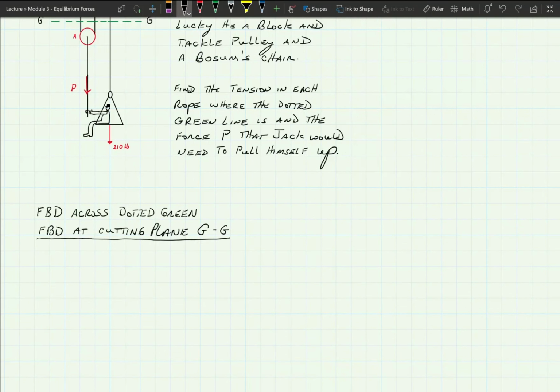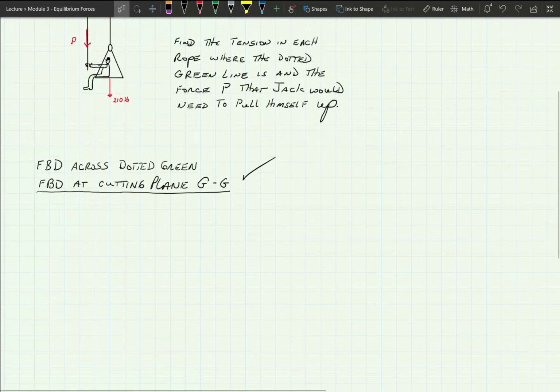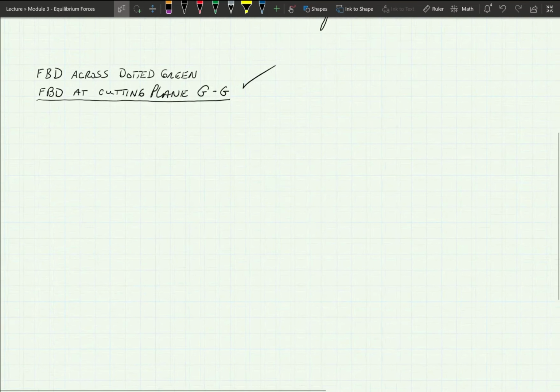So that's what that green plane becomes, G dash G. It could be any letter. You could use AA, BB, CC. You just use G. It's a random letter that we pick, and it's a green line, so we can do that.